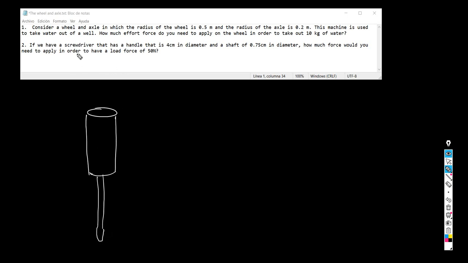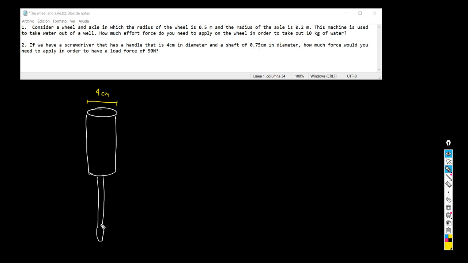Okay, and it has a handle. This is the handle, right? That is 4 centimeters in diameter. So this is 4 centimeters in diameter, and a shaft of 0.75 centimeters in diameter. This is the shaft, guys.